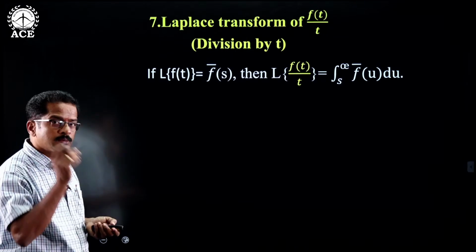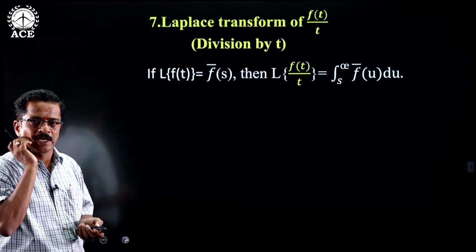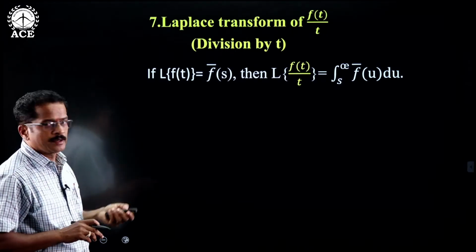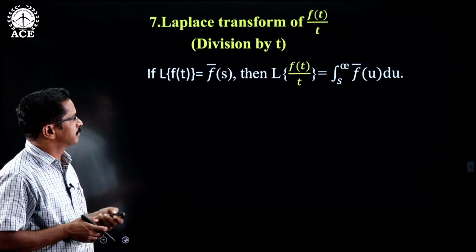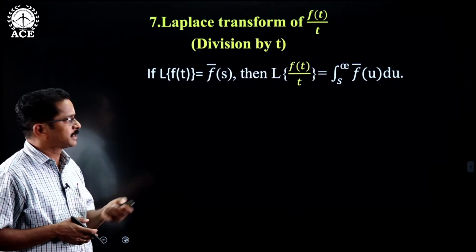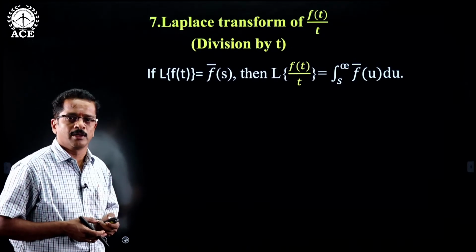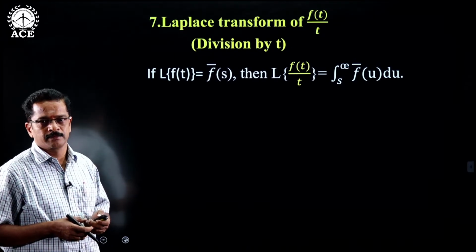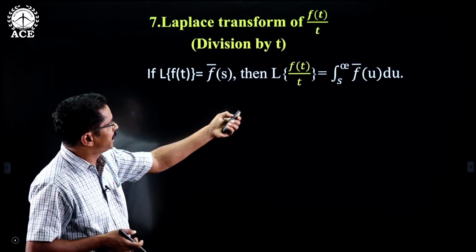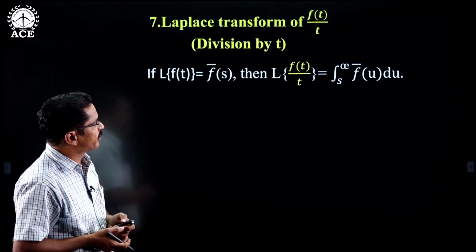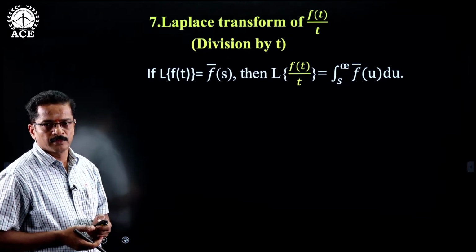Next rule, that is division by t. Laplace transform of a function with division by t, f of t by t. This is a quotient function, so L of f of t by t equals integration from s to infinity of f bar of u du.